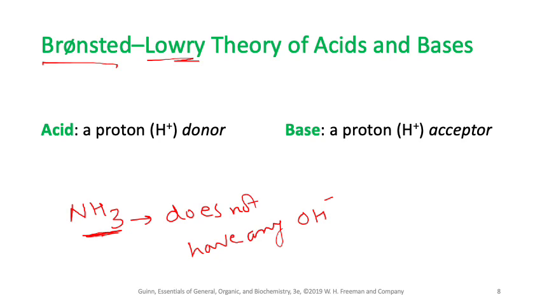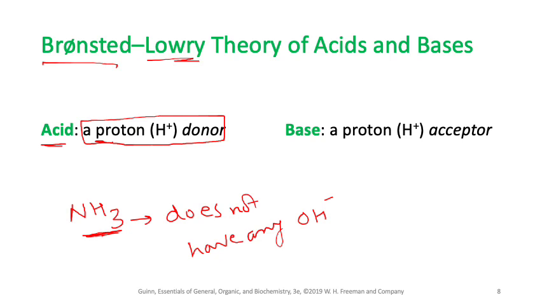They updated the Arrhenius concept a little bit and modified it by putting in a more general definition of acid and base that we're going to learn right now. According to the Bronsted and Lowry theory of acid and base, acids are those compounds that can produce a proton, which can donate a proton.